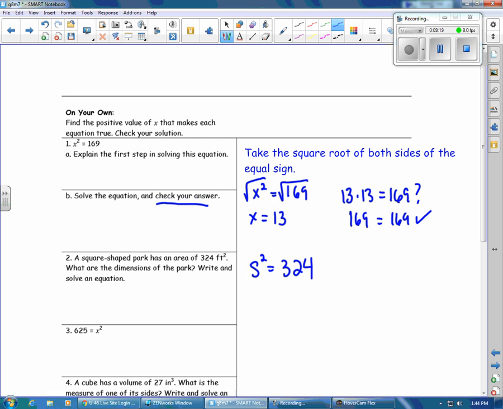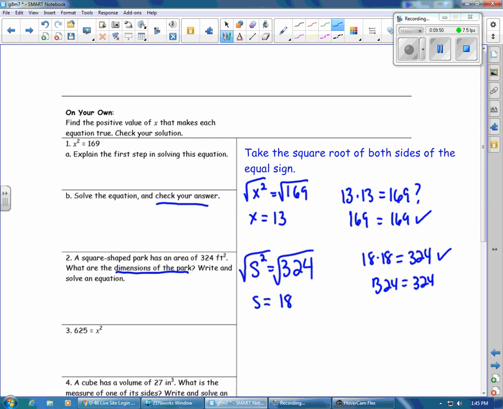We want to know the dimensions of the park. Square root, and one side of the park is going to be how long? Check your work. Is 18 times 18 324? Yes, it is.